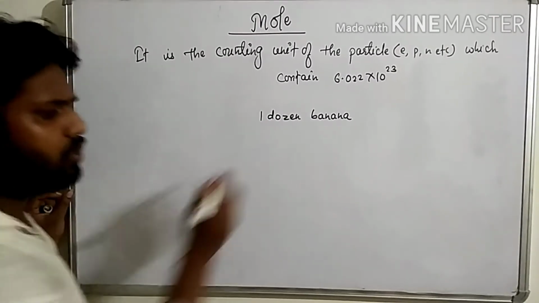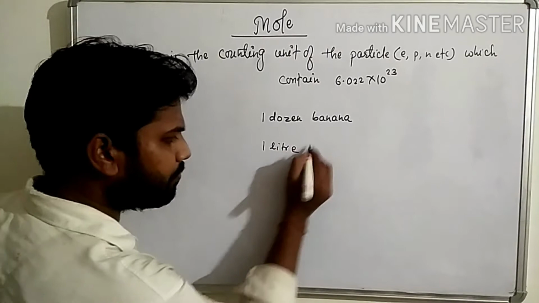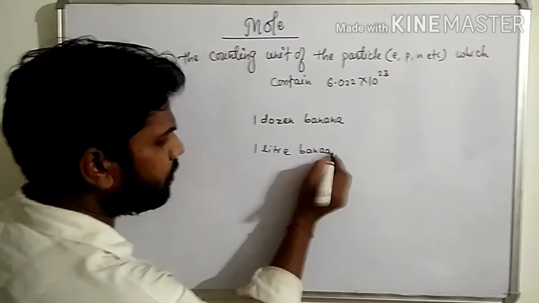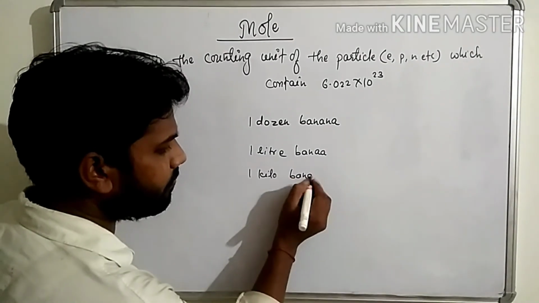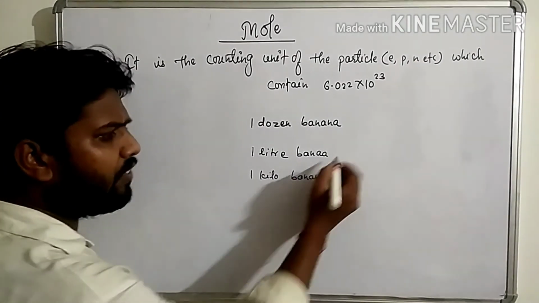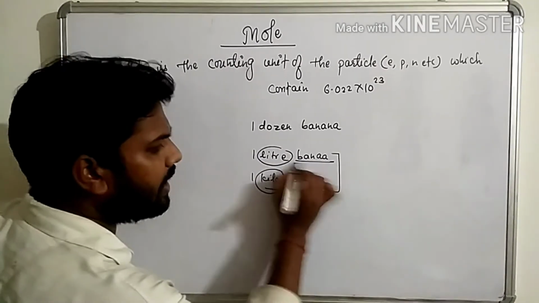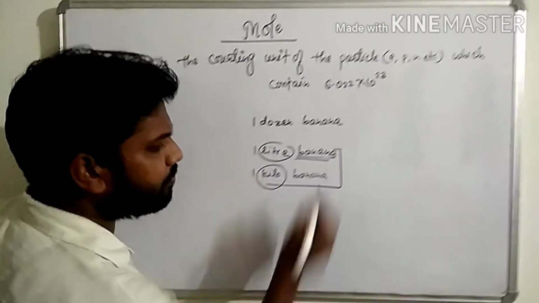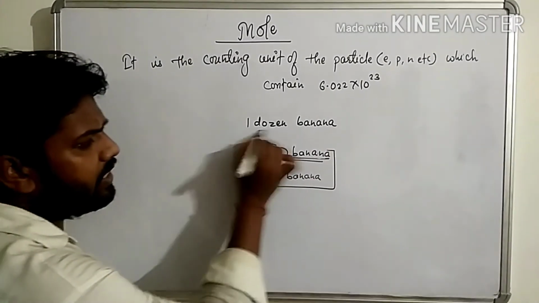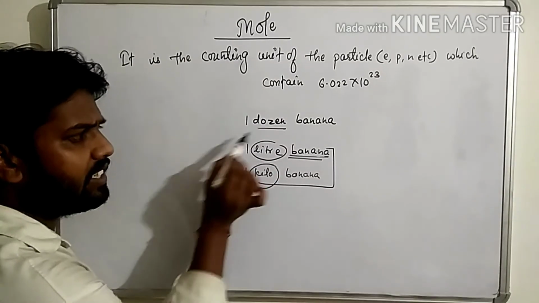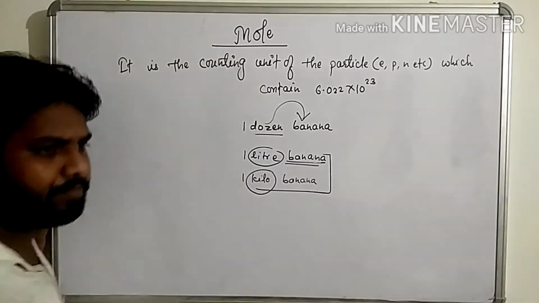You never say 1 liter of bananas or 1 kilo of bananas. You never use this type of unit for buying bananas. You use only dozen. It means this is the specific unit for this substance.